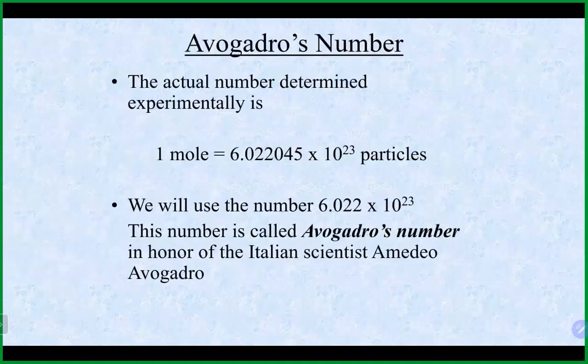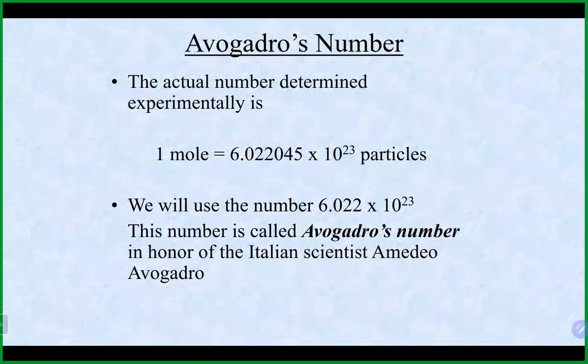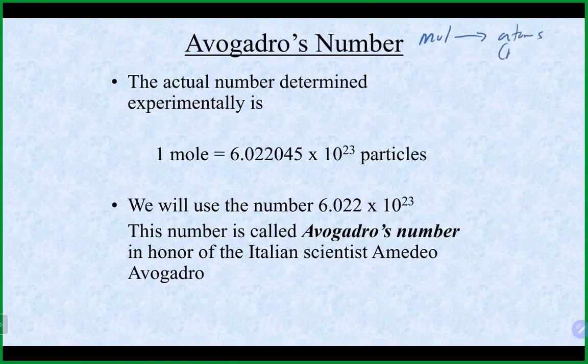And we use Avogadro's number really as a conversion factor. We use it to convert between moles and atoms or moles and molecules. So very commonly, we use this as a conversion factor to go from moles to atoms or molecules, and backwards.